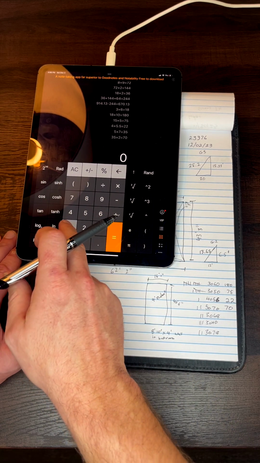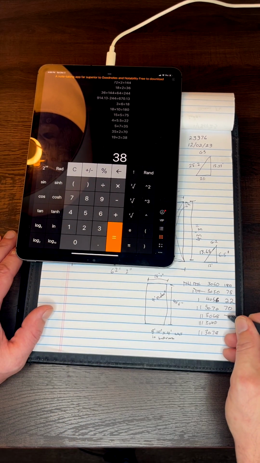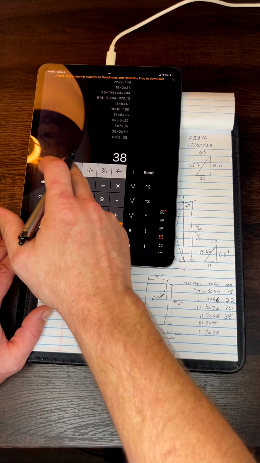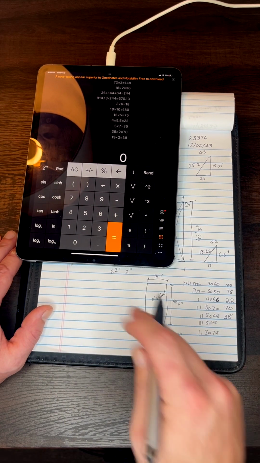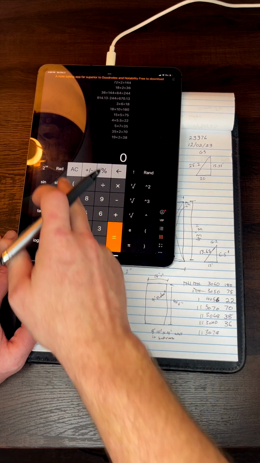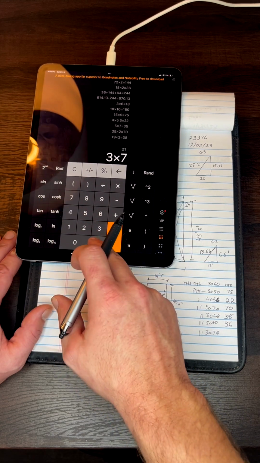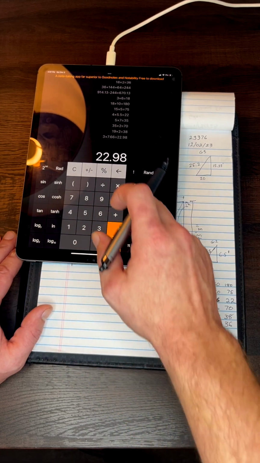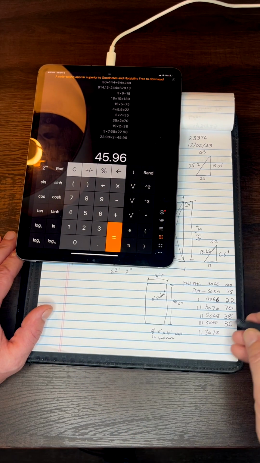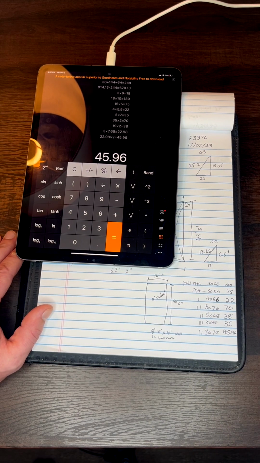3068 would be like 19. There's 2 of those, times 2, 38. 304, that's 12 times 3, so that'll be 36. 3078. So it'll be 3 times 7.66 times 2 equals 45.96.